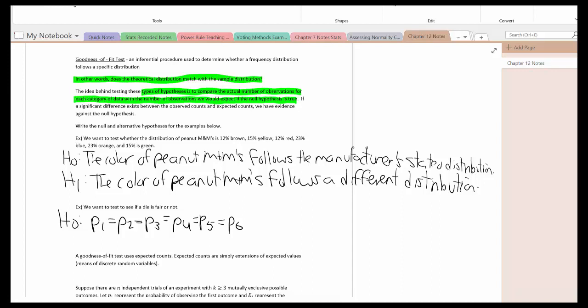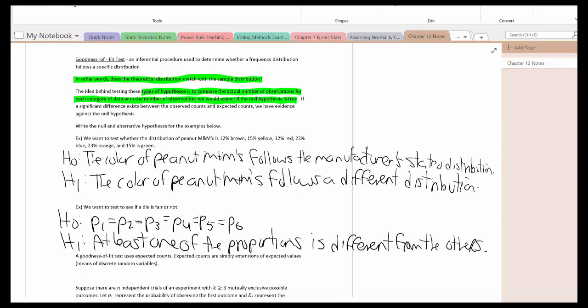The alternative hypothesis tells me that one of these proportions is going to be different from the others. So at least one of the proportions is different from the others. Again, it's not our job to figure out which one is different, and in fact how many are different. It's either going to be nothing changes or something does change.